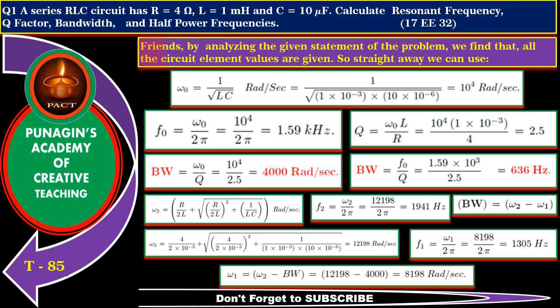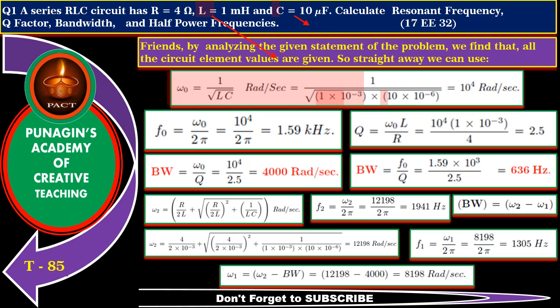Friends, by analyzing the given statement of the problem, we find that all the circuit element values are given. So, straight away we can use omega naught is equal to 1 divided by root LC.